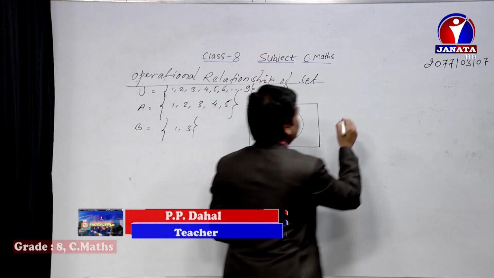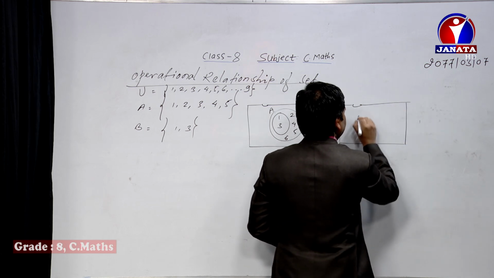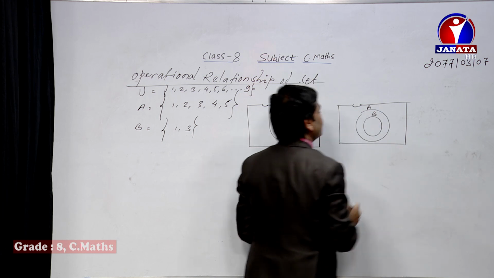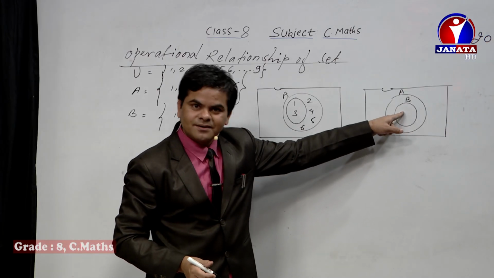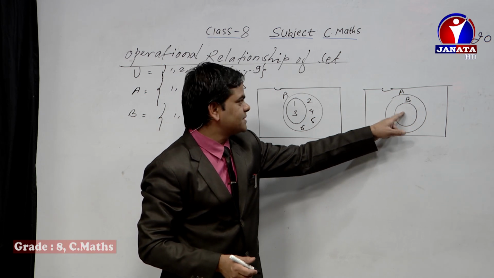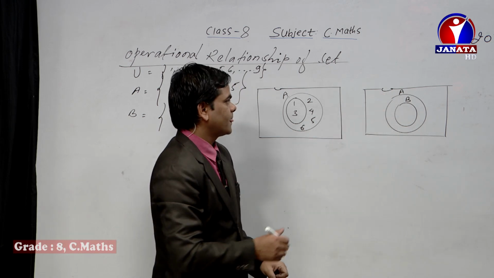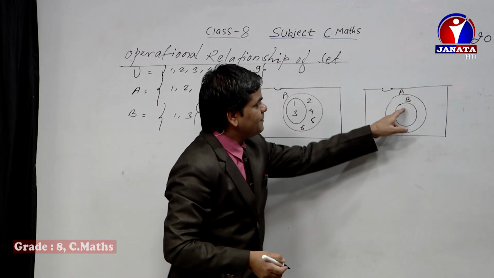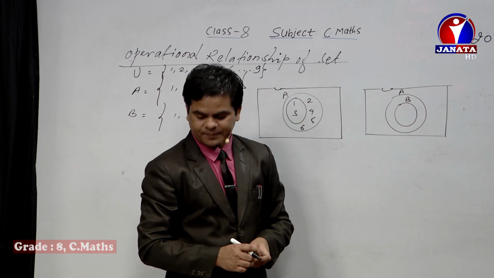So if you see such a situation in any question, where one set is already there and another set is inside it, then we can say that B is the proper subset of A, because all the elements of B are included in set A.